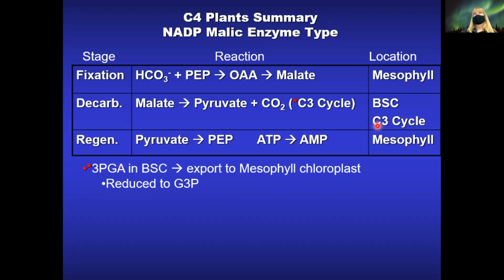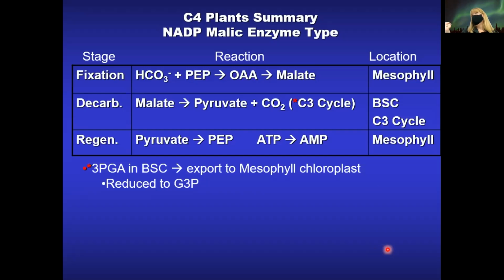Now, that sounds like an extra, picky little detail. Why would the plant do that? That just seems weird. But when you look at the Calvin cycle and you look at the formation of G3P, so you go from PGA to G3P, you go, oh, well, you need ATP to do that. You need NADPH to do that.